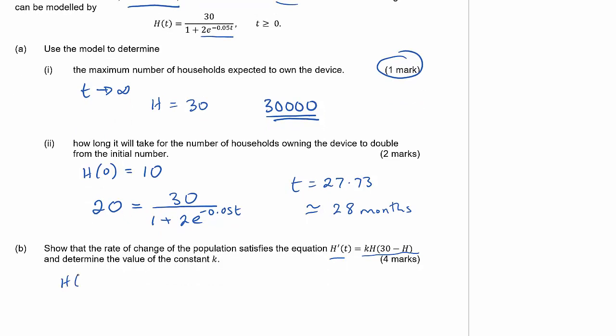So I'm going to rewrite that h of t up there as 30 times (1 plus 2e to the negative 0.05t) to the negative 1.